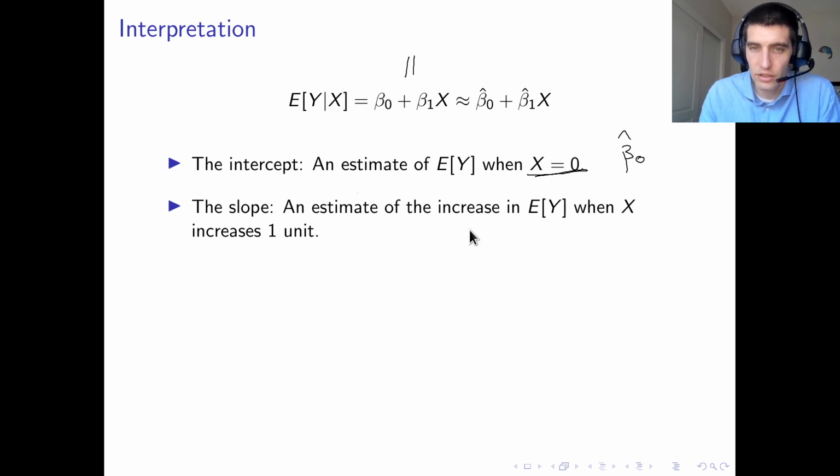Well, that is beta hat 1, the slope term. Okay, you can convince yourself of that by just taking the difference of this expression and this expression where x is x plus 1. So for a 1 unit increase in x, we would expect a beta hat 1 unit increase in the expected value of y given x. Okay.